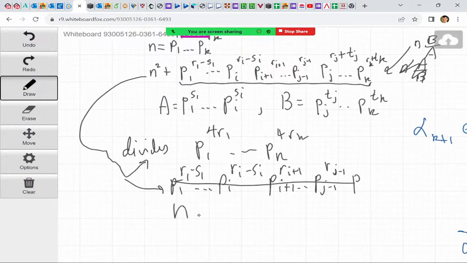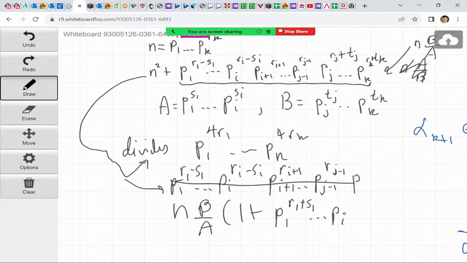So it's N times B over A times 1 plus, and then here it's Pi to the Ri plus Si all the way up to Pi.